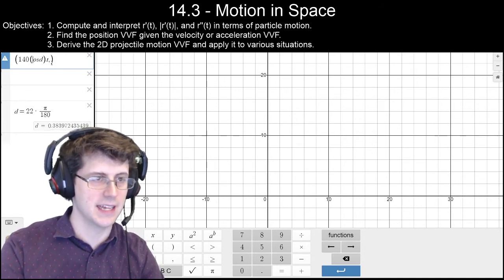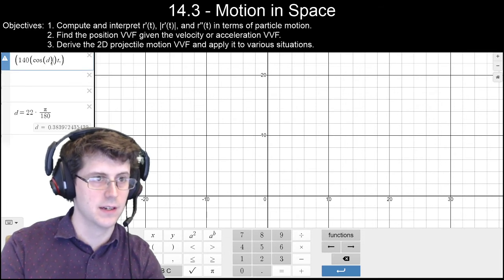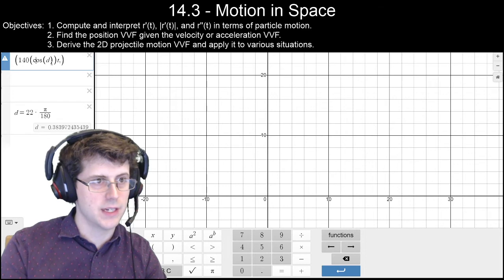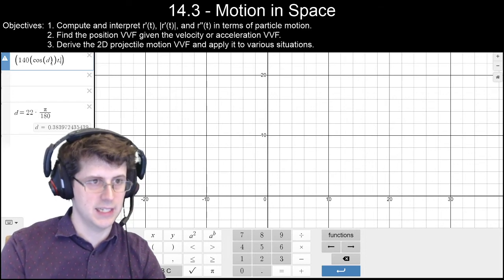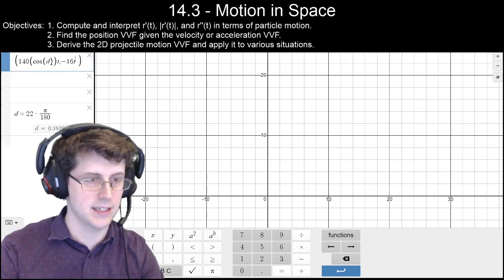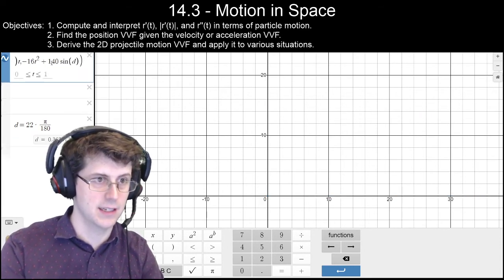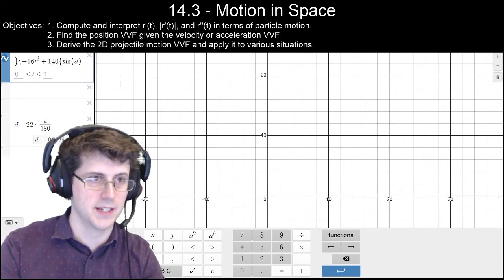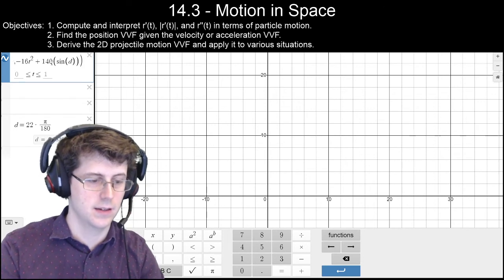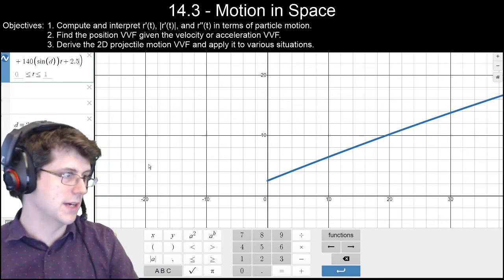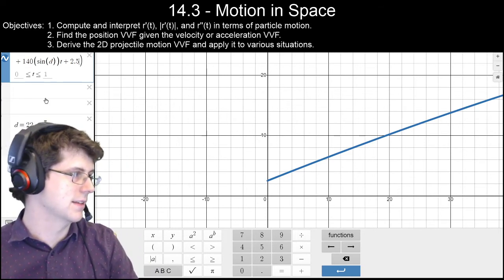If you ever have to say the same number over and over, just name it. Okay, so 140 cosine of 22 degrees times t, and then I had minus 16 t squared plus 140 sine of d all times t plus 2.5. So here the ball starts at height 2.5, and then it rockets off in this direction.